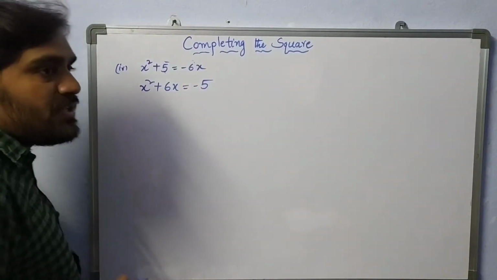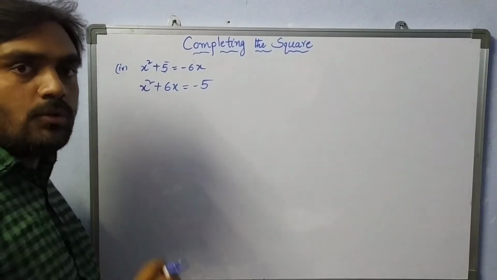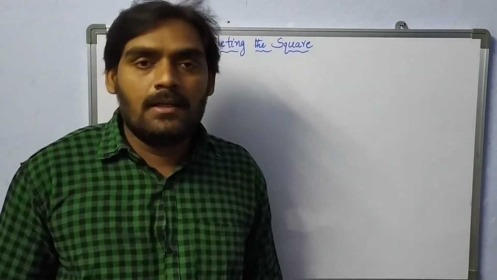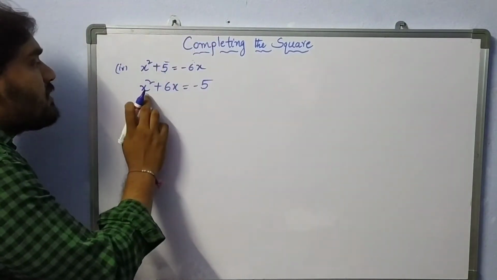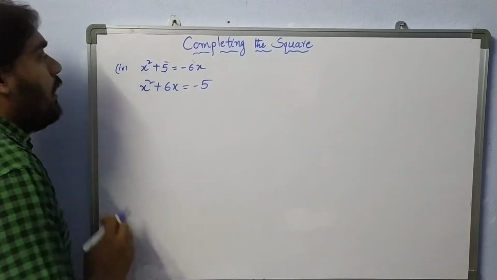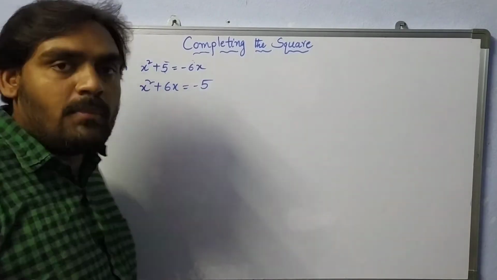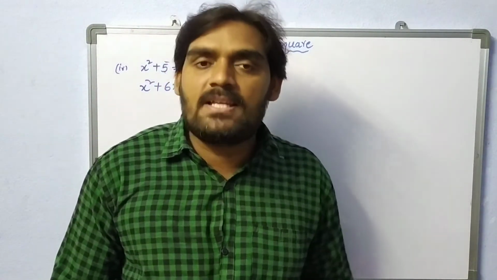If we have any coefficient other than 1 for x square, we need to divide both sides by that. We already did that in previous problems. But here there is no coefficient for x square. At that time we need to split this in the form of 2ab. a square plus 2ab plus b square is equal to a plus b whole square, isn't it?